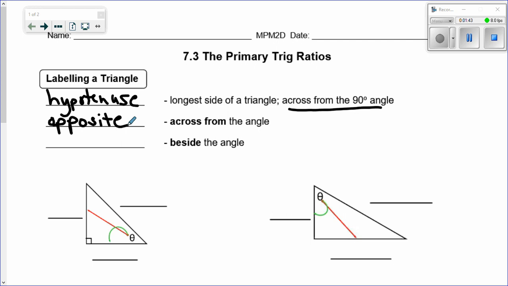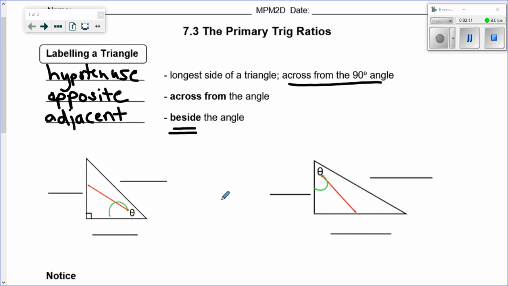Most people know this word intuitively from the English language. The one they have troubles with is the word adjacent. And the word adjacent, all it means is beside. So two people sitting beside each other in class, they are adjacent to one another.